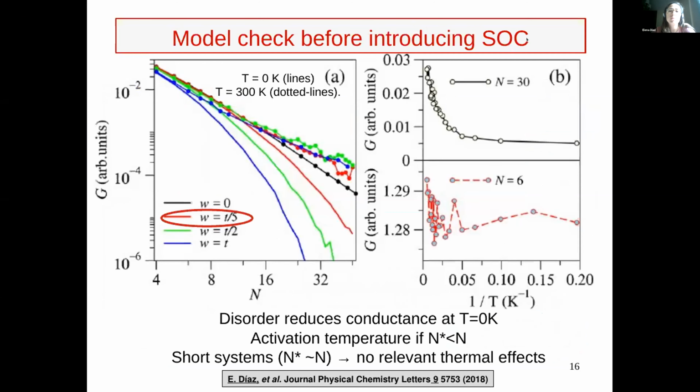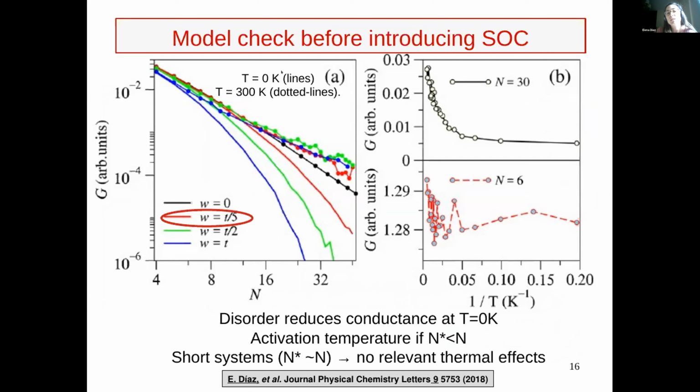So before introducing spin orbit coupling, let's check how the model behaves. Here you can see the conductance as a function of the molecular length in a double logarithmic scale. And we have used different magnitudes of disorder. This W is the magnitude of disorder. So if it's 0, we have a completely ordered system. And when this W increases, then we have a more disordered system.